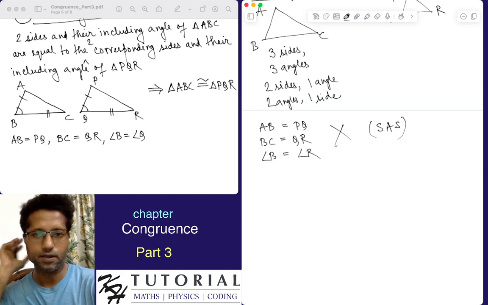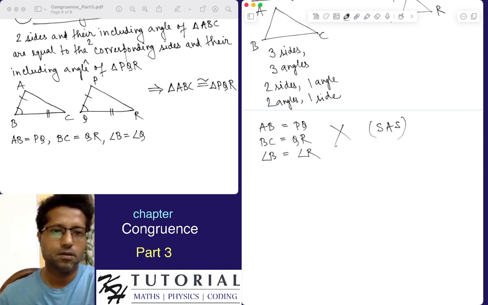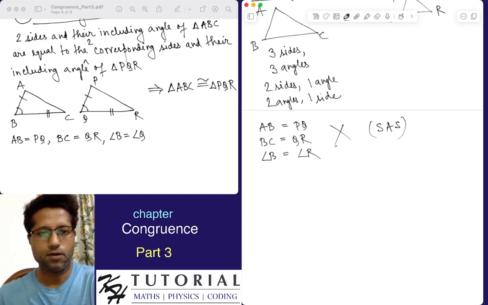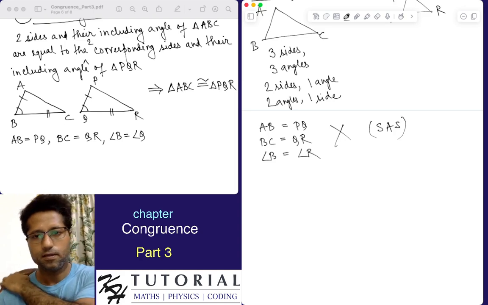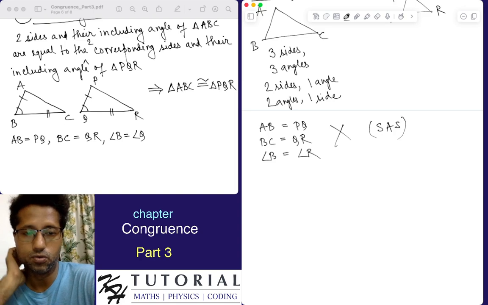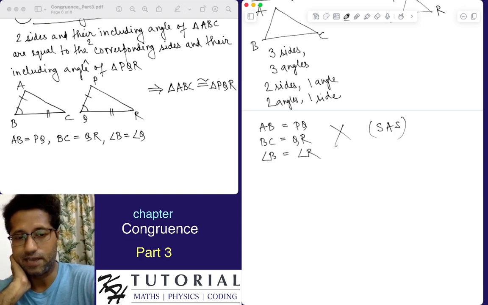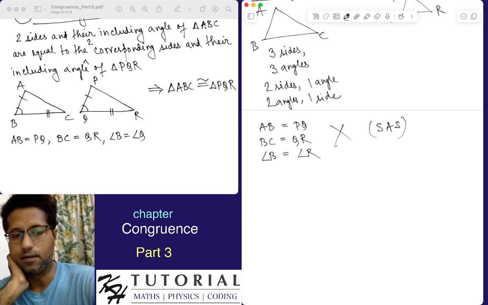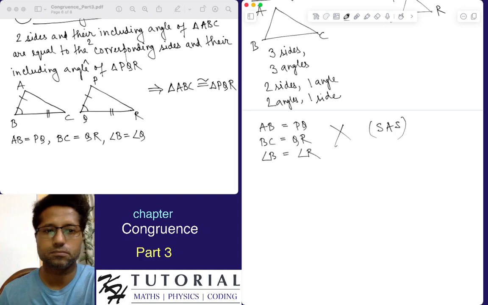You have to be very clear about this. So when you are proving that two sides and their included angle of the triangle ABC are equal to the corresponding sides of the triangle PQR, then the angle in triangle PQR also has to be the angle included between the two corresponding sides.